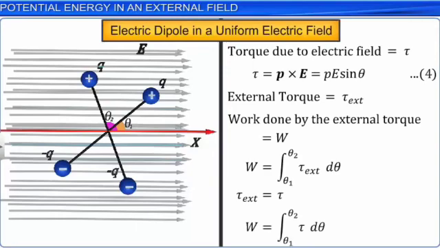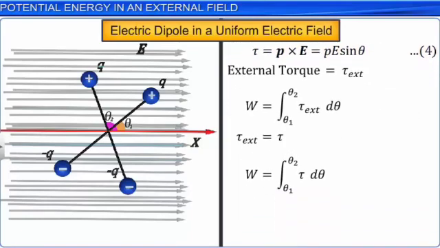Substituting tau equal to P E sin theta, we get W is equal to integral P E sin theta d theta in the limits θ1 to θ2.